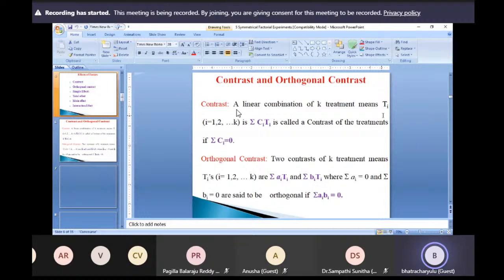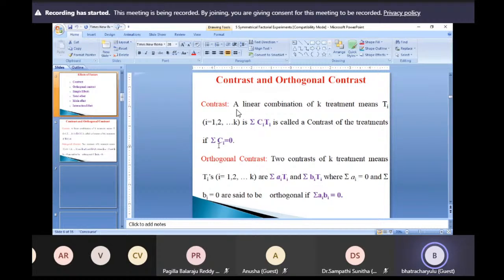The summation of the Ci values must be equal to 0. Like 1 into T1 minus 2 into T2 plus 1 into T3. Then the coefficient values, 1 minus 2 plus 1, add up to 0.